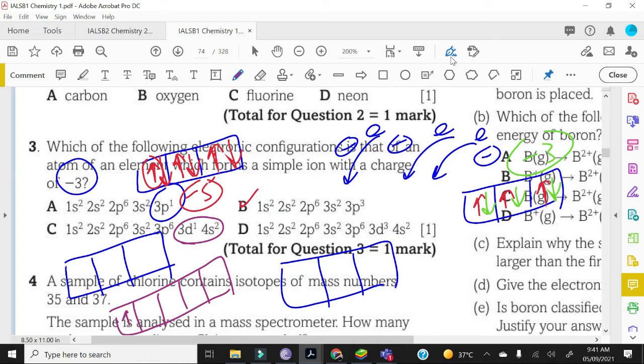So 1 is there. It can accept 2, 3, 4, 5, 6, 7, 8, 9. Only 9 electrons are needed for it. So in case of this, if acceptance is there, -9 will be the charge. Okay, but -3 is the only one which we can get from here, from B.